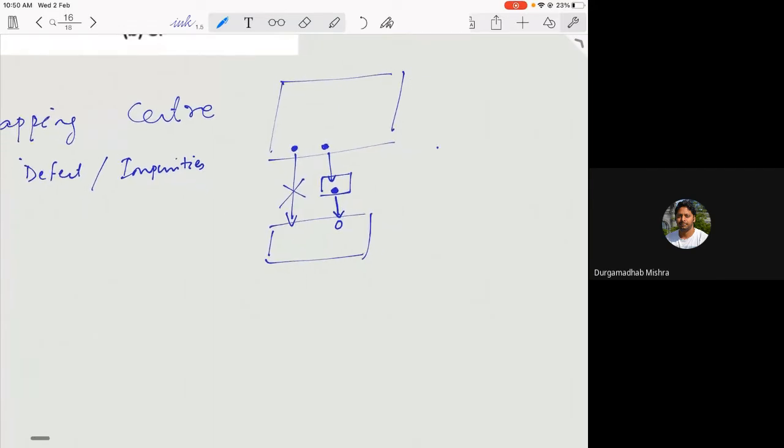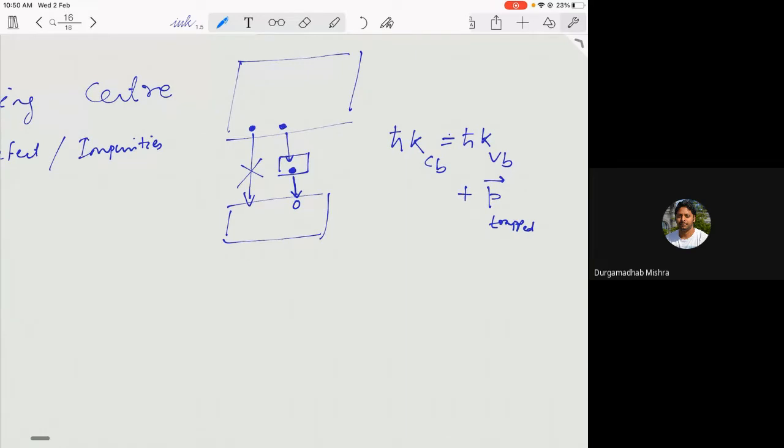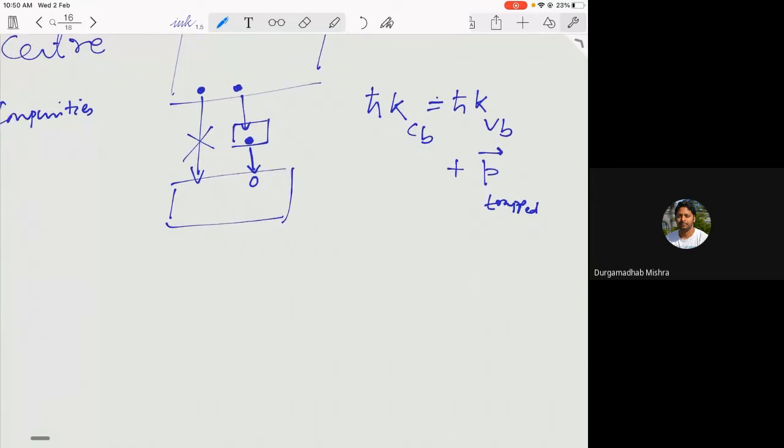Normally you will write it as h cross k_CB equal to h cross k_VB plus some momentum term due to the trapping center. The trapping center will take the extra momentum that is released during this recombination process.